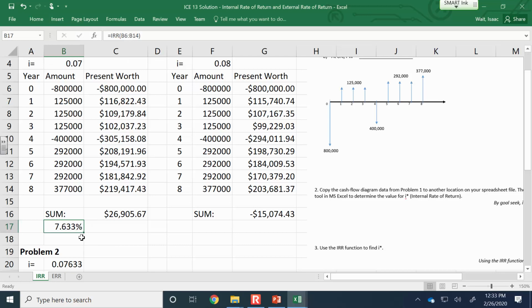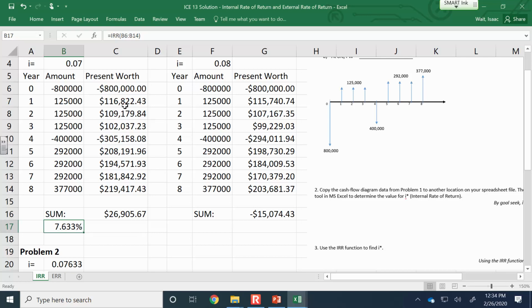But by putting in this range of input values, what it knows is it's doing in the background with the IRR function, it knows that the first value it sees is at time 0, and then it knows the second value it sees is in year 1. And so it's taking a look at the numbers, the order that they're in, and then it's going through the process of calculating so that the inflow and the outflows are equal, and it's returning the interest rate that would make that happen.